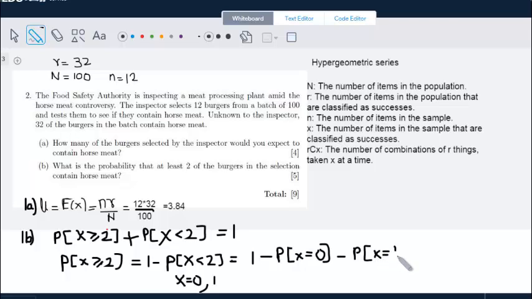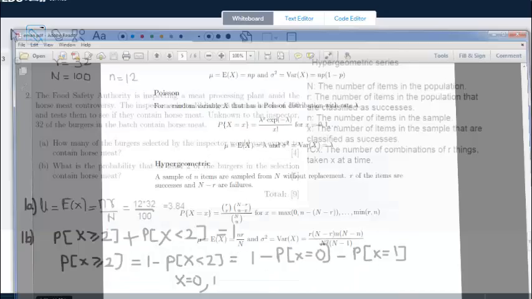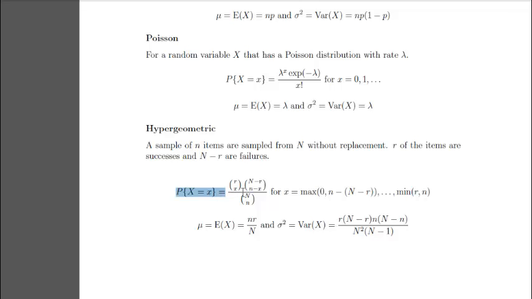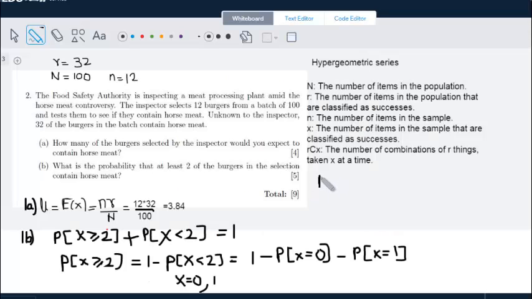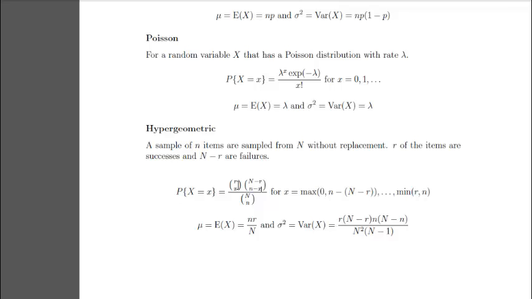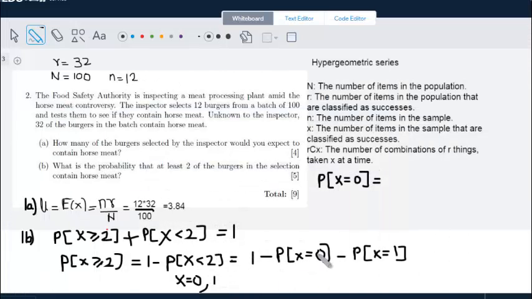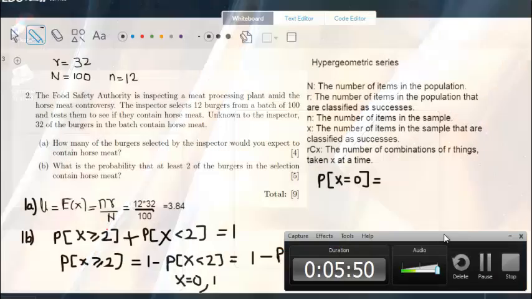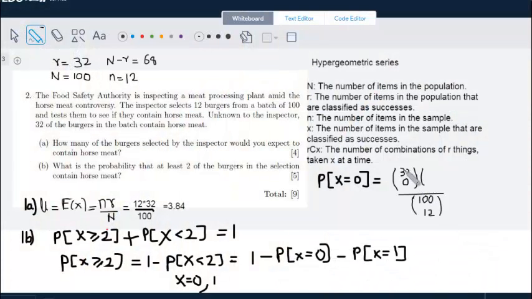Seeing the formula over here, which is written as probability x is equal to something, let's rewrite this formula and compare. Probability x equal to 0 would come as follows. Here r is 32, which you calculated, and x is 0.